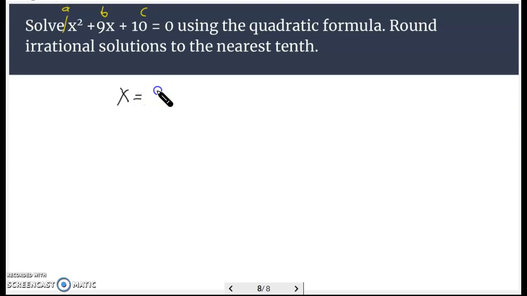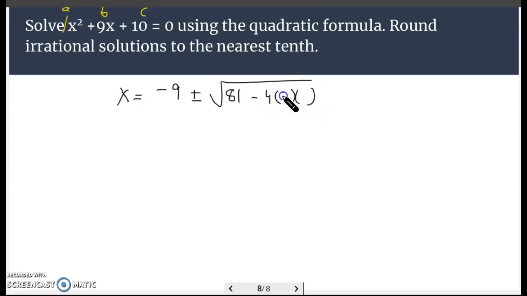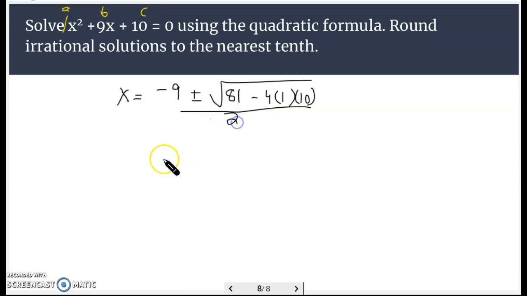X equals negative b, negative 9, plus or minus b squared, 9 squared, I'll show that to be 81, minus 4 times the A times the C, the A number 1, the C number is 10, all over 2 times A, which is just 2. Simplifying further, negative 9 plus or minus square root 4 times 1 times 10 is 40. 81 minus 40 is 41.